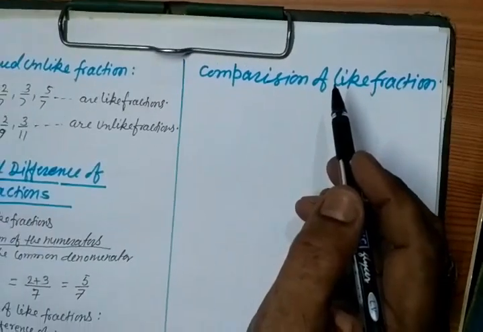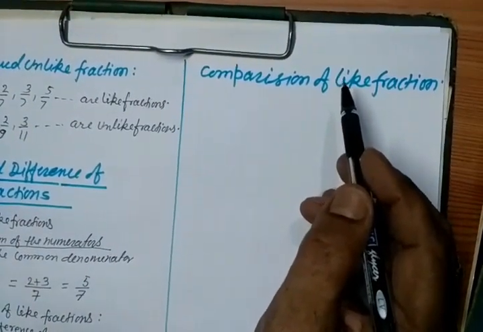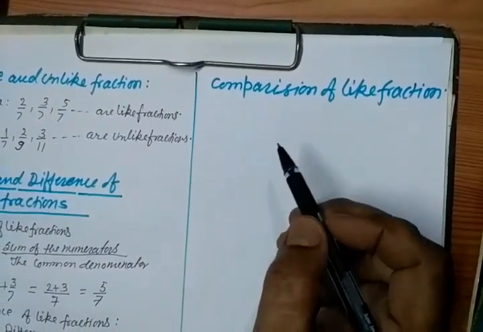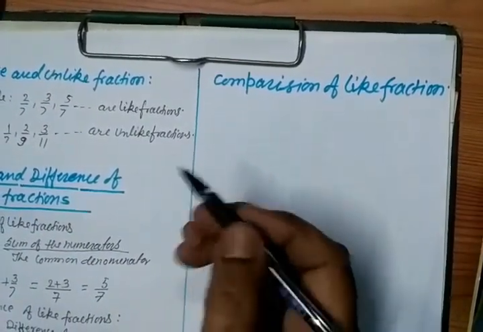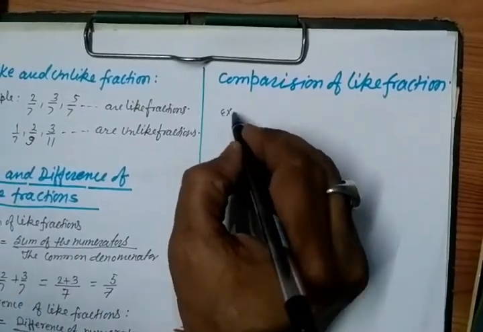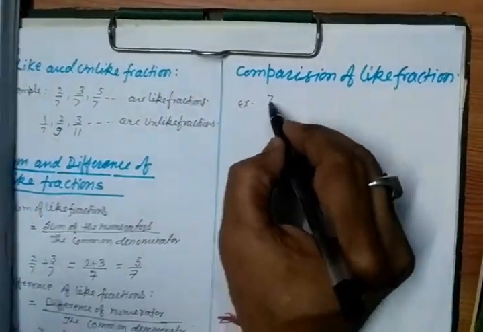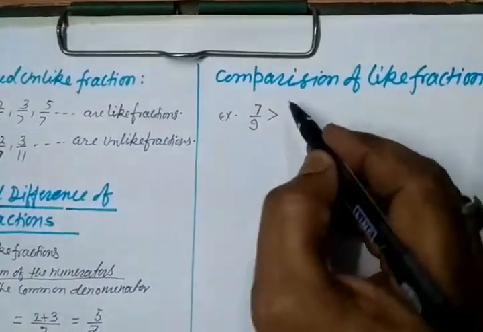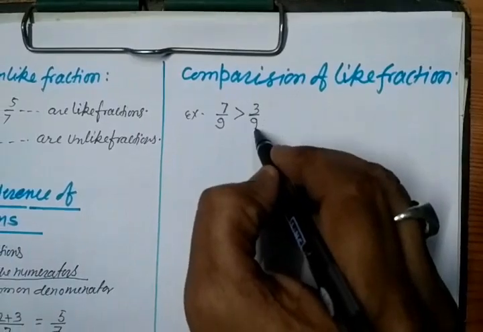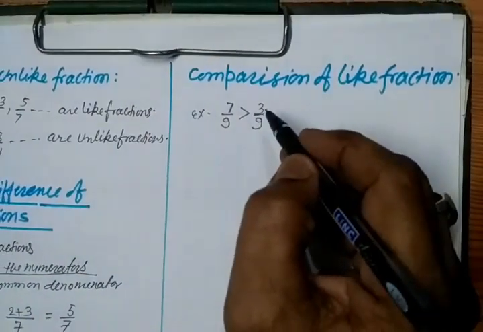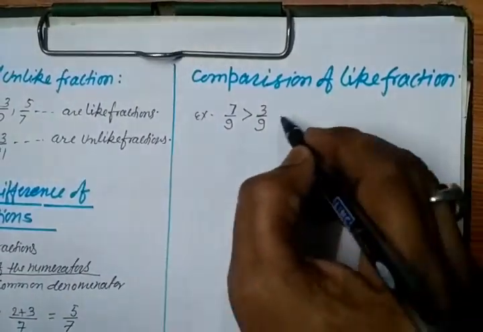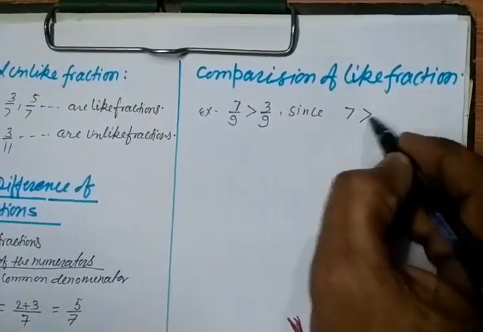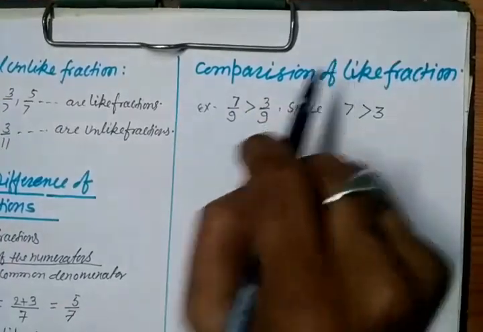Of two like fractions, the fraction with the greater numerator is greater than the other. Example, 7 upon 9 is greater than 3 upon 9, since 7 is greater than 3.